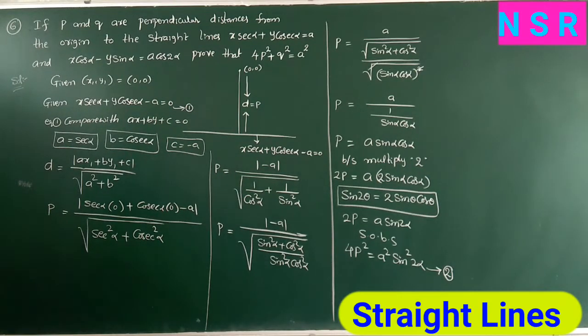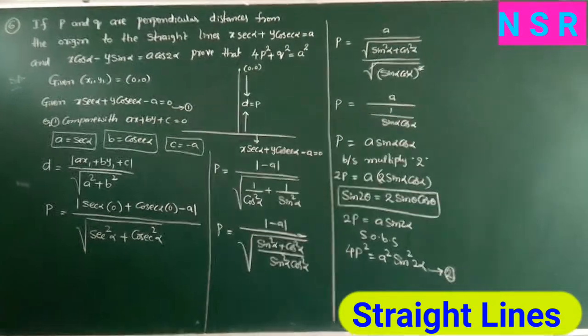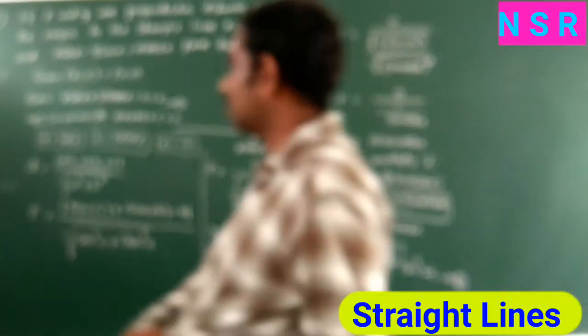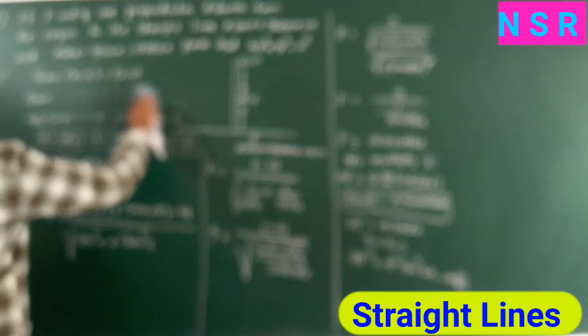So the perpendicular distance from the origin to the first line, after solving, gives equation 2. Now here another perpendicular distance is given, that is q, from the origin to the second line. Similarly, the origin and the line are given.